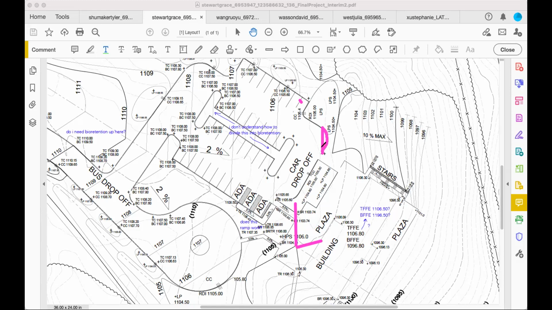So that's the 5. Your 6 should go like this. And then it needs to be on the ramp somewhere, but eventually come up like this.